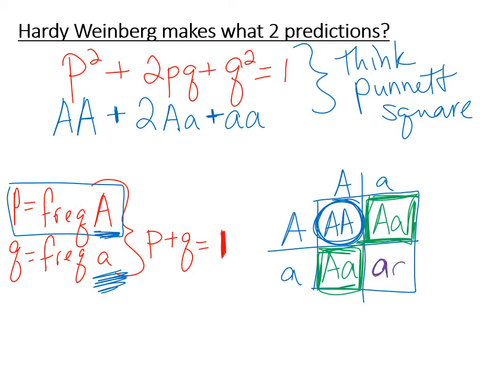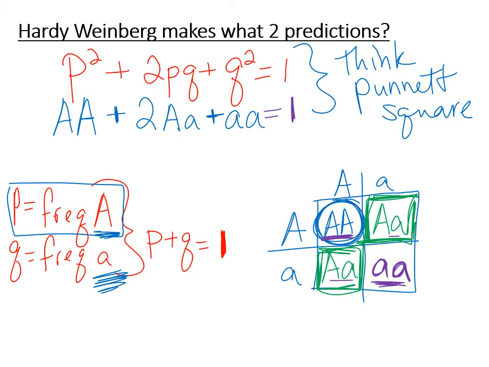You have one square that's double lowercase a. Do you see any other squares other than homozygous dominant, homozygous recessive, and the hybrids? No. So all of those have to add up to 1, right? 100% of the possible genotypes in the cross. Okay? So that's why you see p squared plus 2pq plus q squared equals 1.